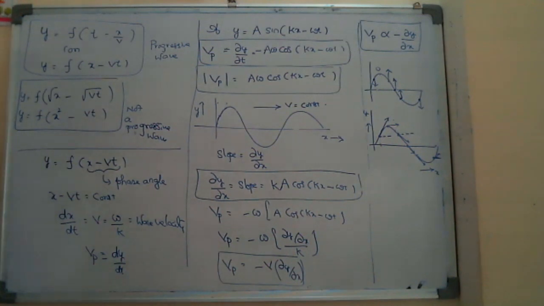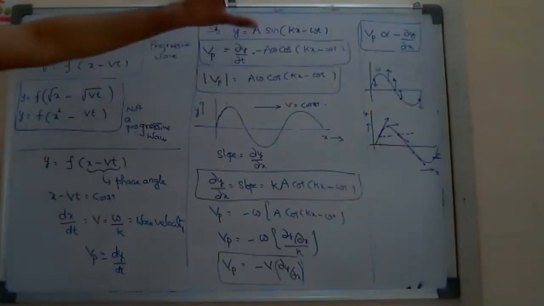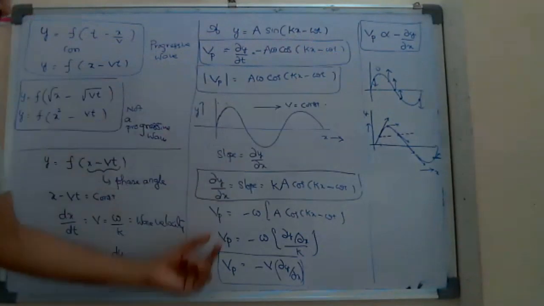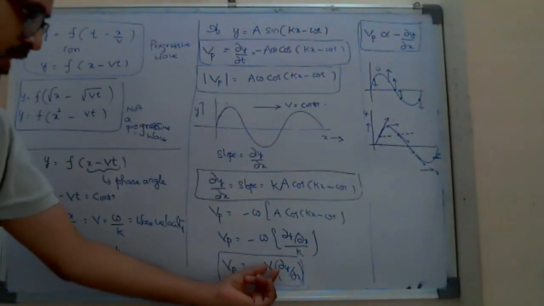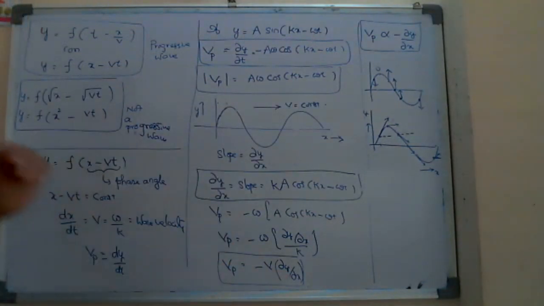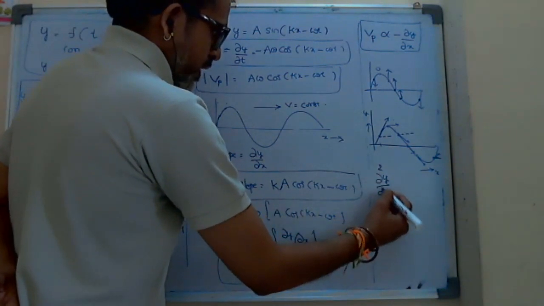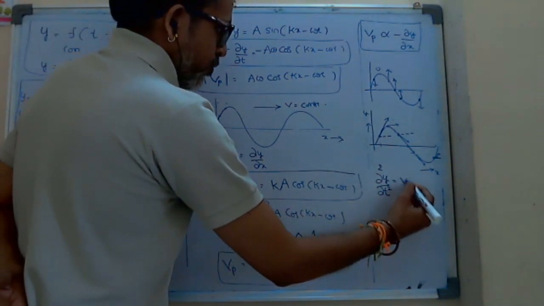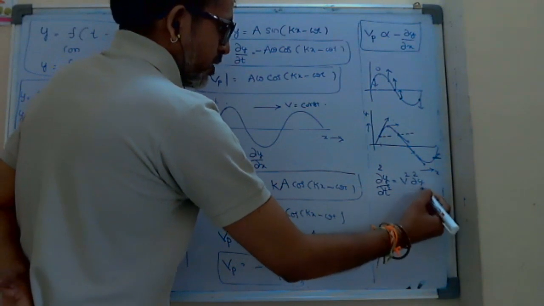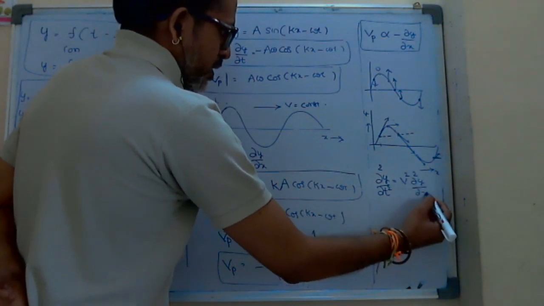For such questions, we use the relation velocity of particle equals minus v into slope. That is one advantage. And yesterday I already told the second derivative relation: dou square y by dou t square equals v square into dou square y by dou x square.